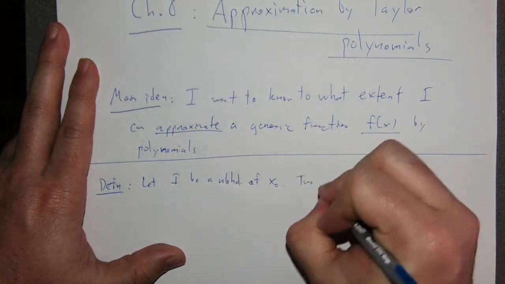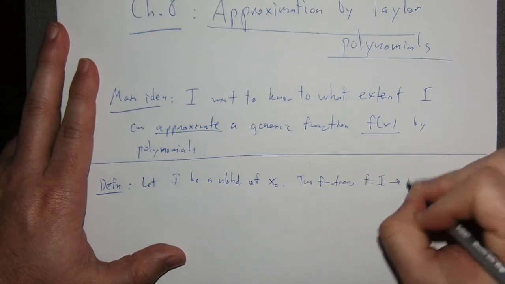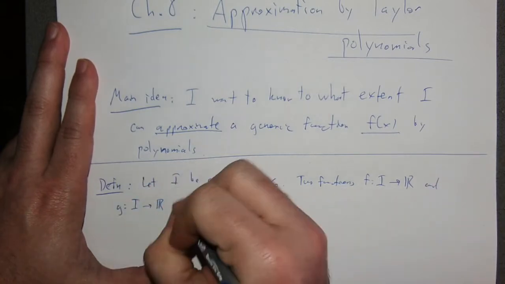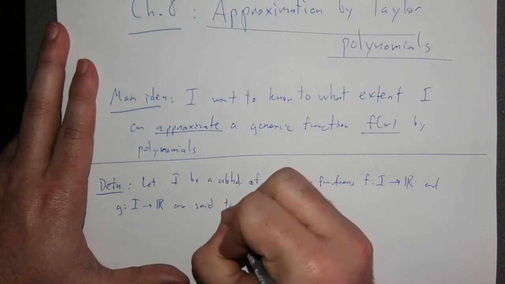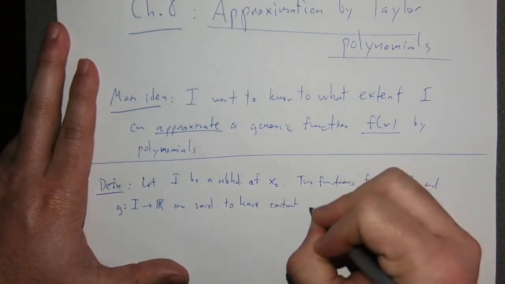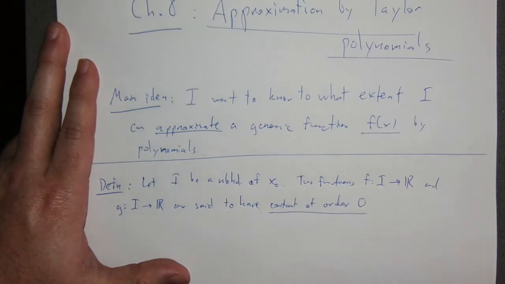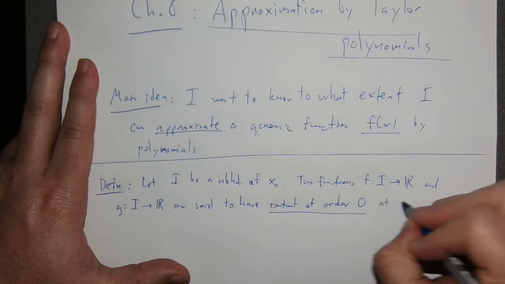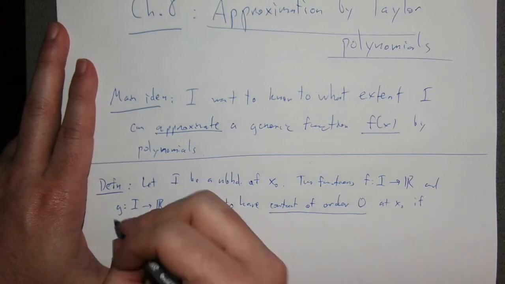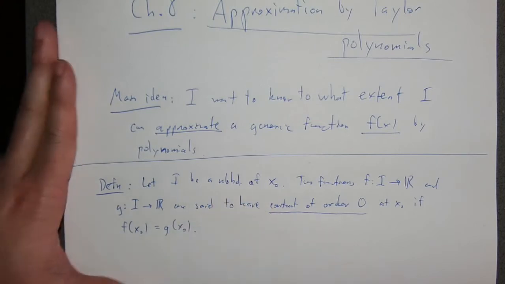Then two functions f from I to R and g from I to R are said to have contact of order 0 at that point, x naught, if they are simply equal to each other at that point. So if they agree at x naught, they have contact of order 0.